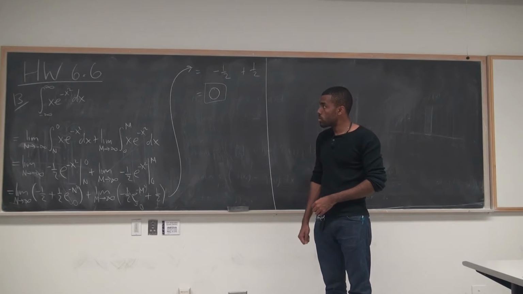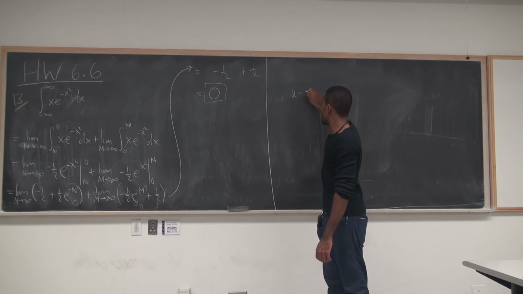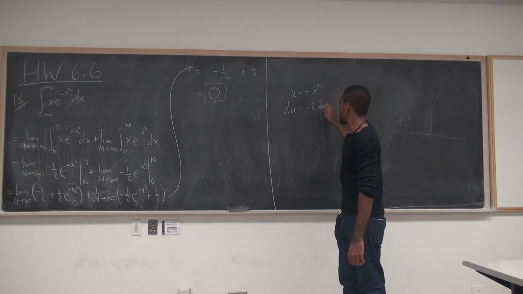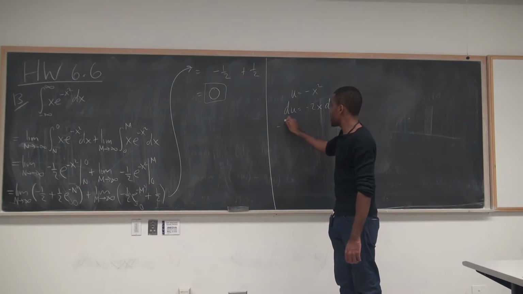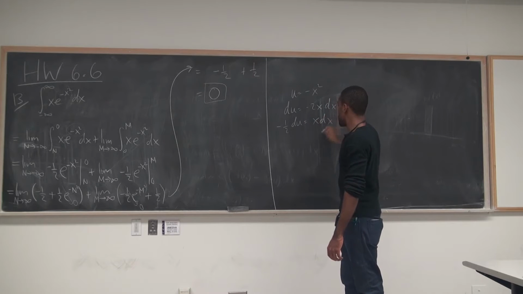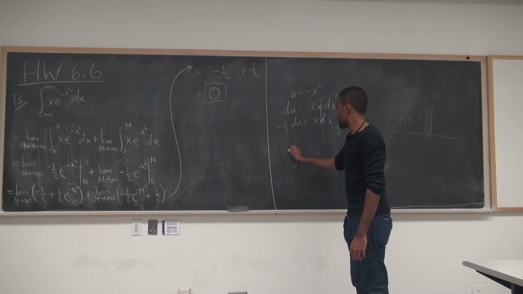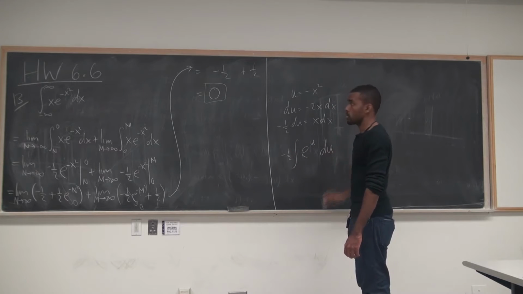So you would have u equals minus x squared. Your du would be minus 2x dx. So you'd have minus 1/2 du equals x dx. So you would have minus 1/2 over here, and e to the u over here, du.